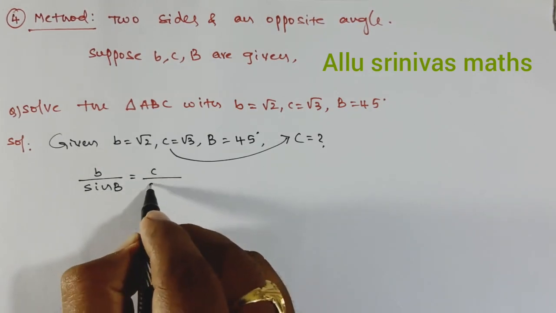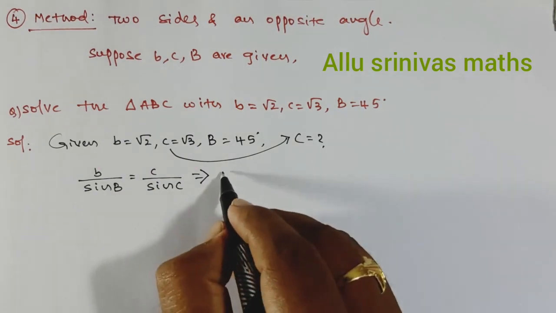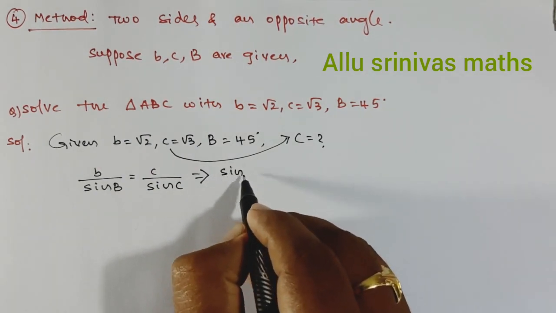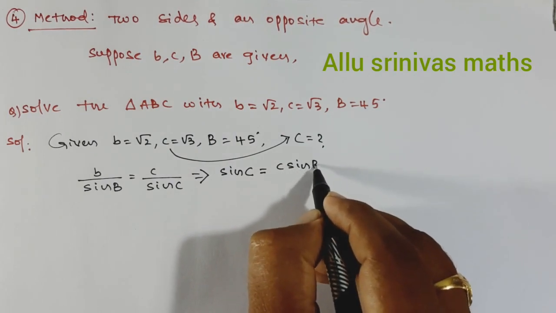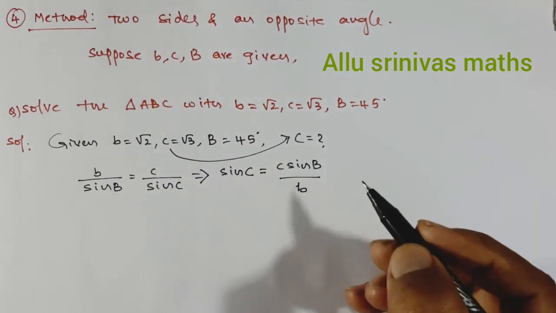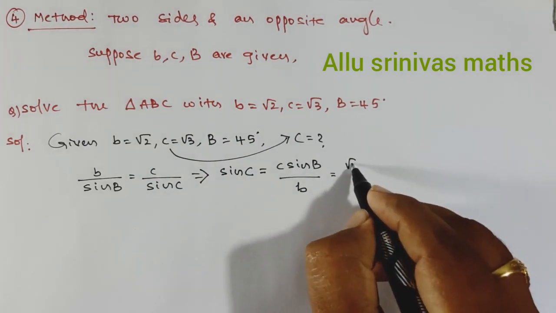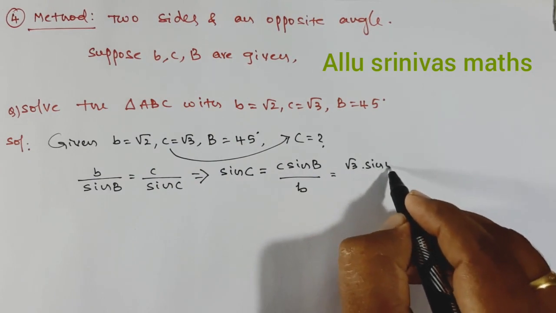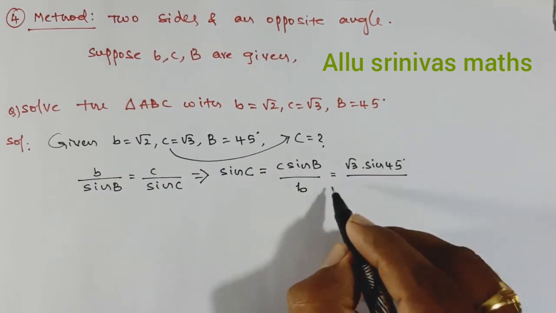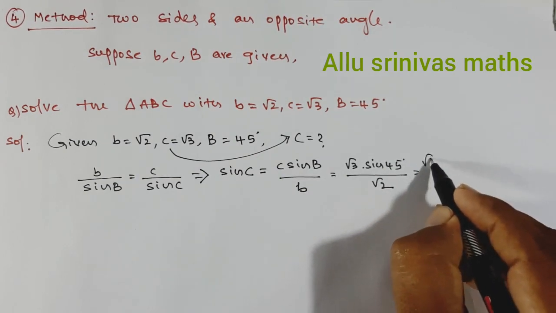We write the formula from the sine rule: b by sine B equal to c by sine C. We apply the cross multiplication. After that sine C equal to c sine B by side b. Known values substituted in this formula: root 3 into sine 45 degrees by root 2.